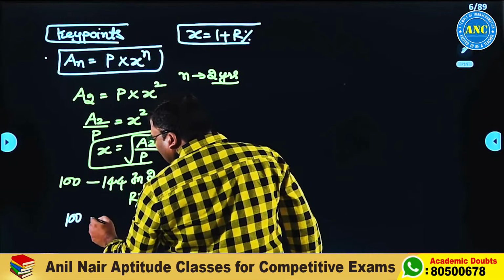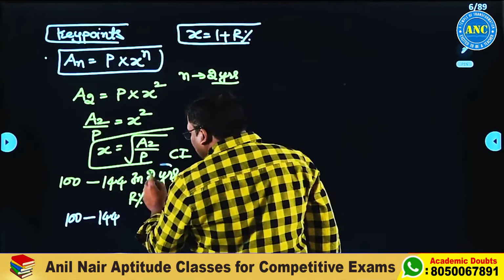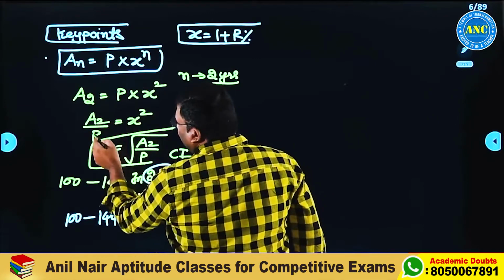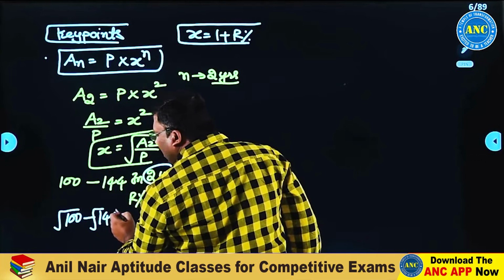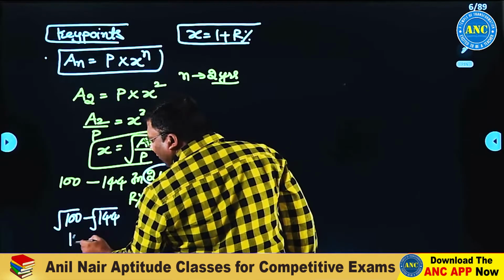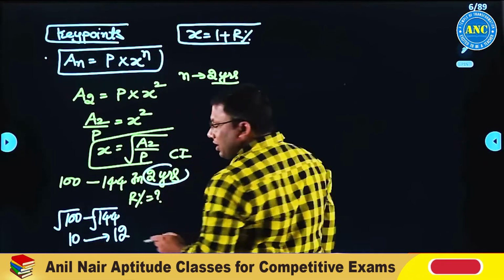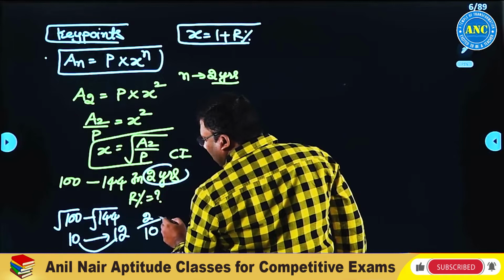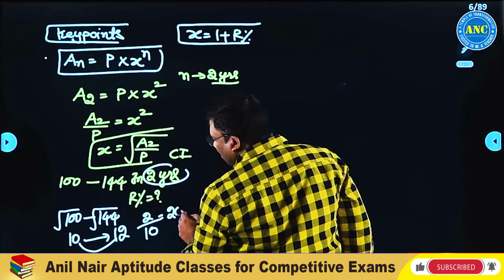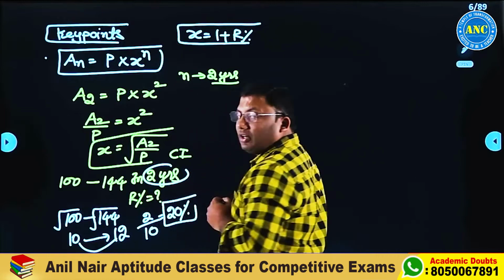Initially it is 100, it is becoming 144. Because it is 2 years, it is square, so on the left hand side it will become square root. Apply under root. Under root of 100 is 10, under root of 144 is 12. 10 is becoming 12, it is extra 2 on 10, 1 by 5 is 20%. Rate of interest is 20%.